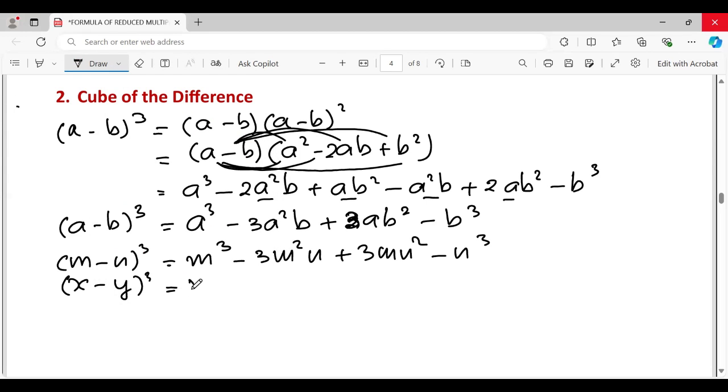Okay, it becomes x cubed minus 3x squared y plus 3xy squared minus y cubed.